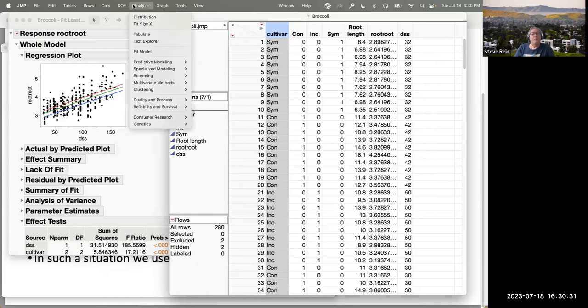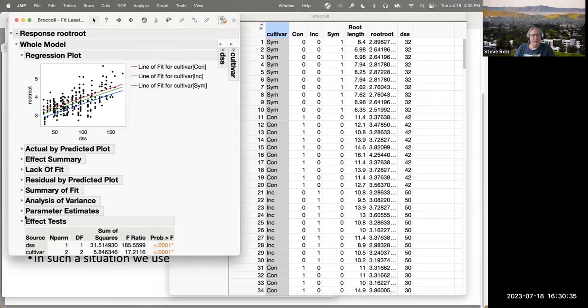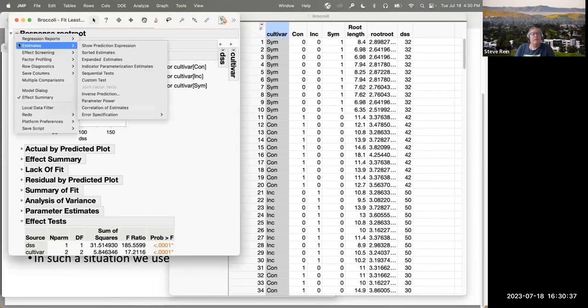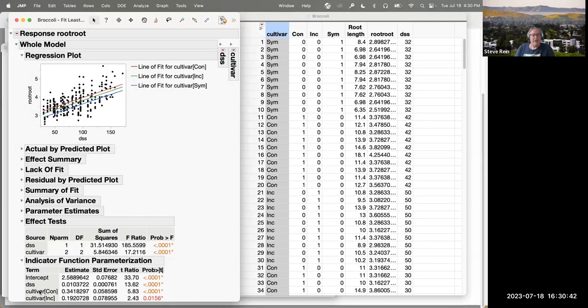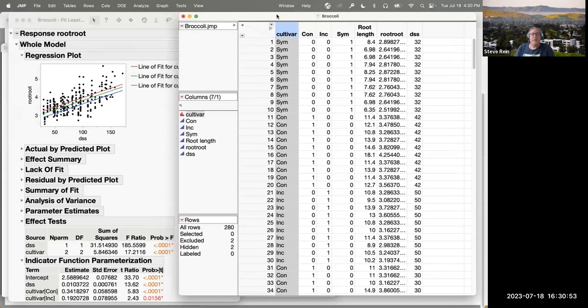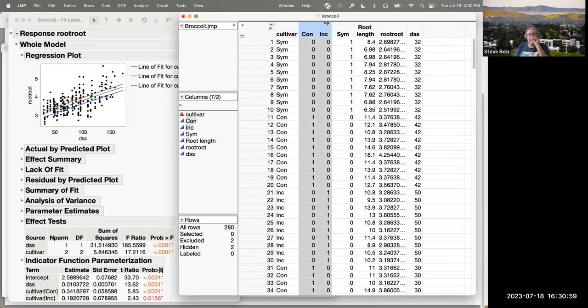So if I were to fit a model like I just did, and let me turn on, for fun, my indicator parameterization estimates, you're saying that if it's con, it's a little bit higher. If it's inc, it's a little bit higher. But if it's sim, that is my reference group. If I were to fit a model with my dummies for con and inc, I can get the exact same output.